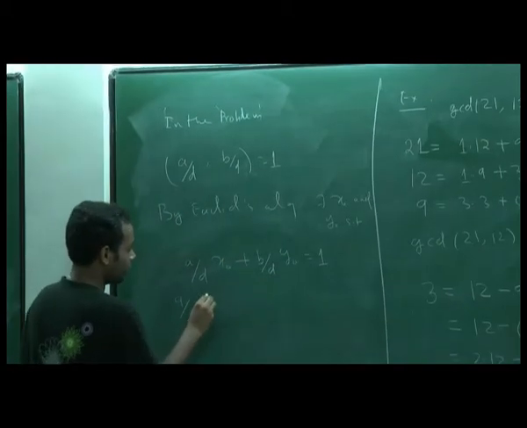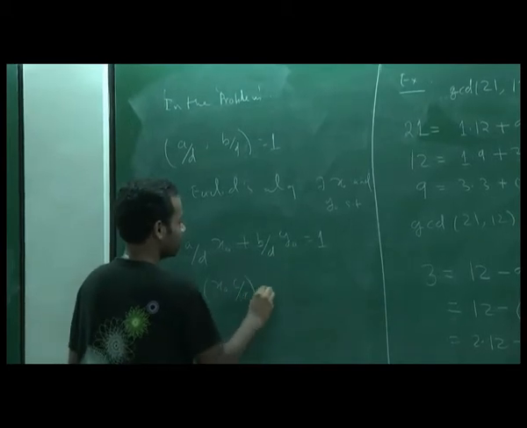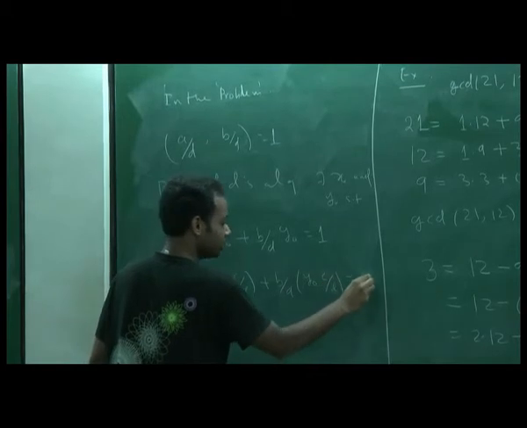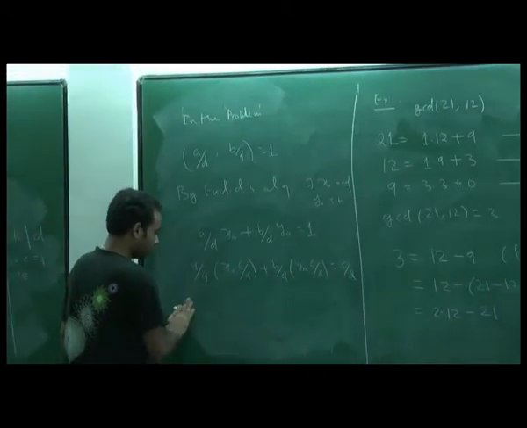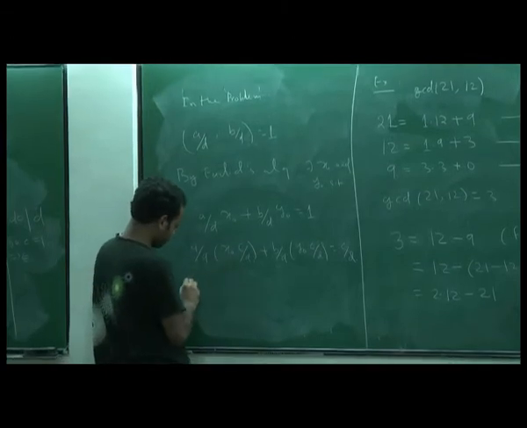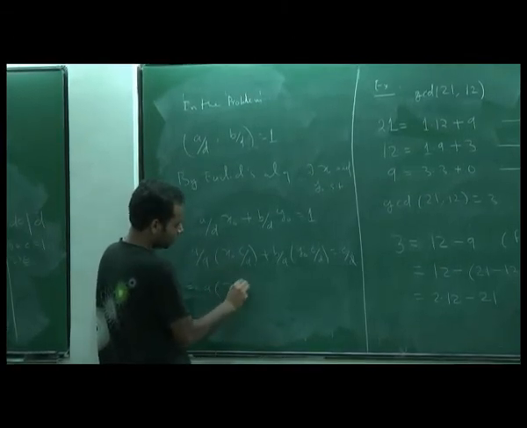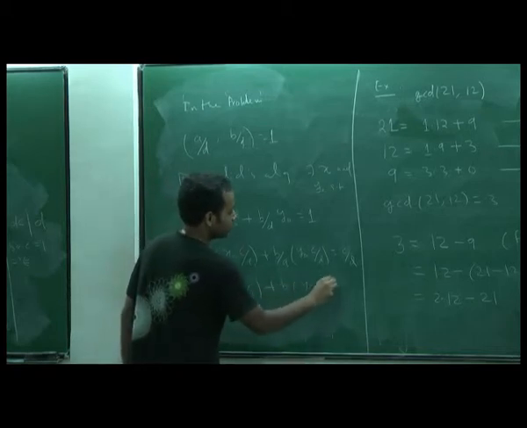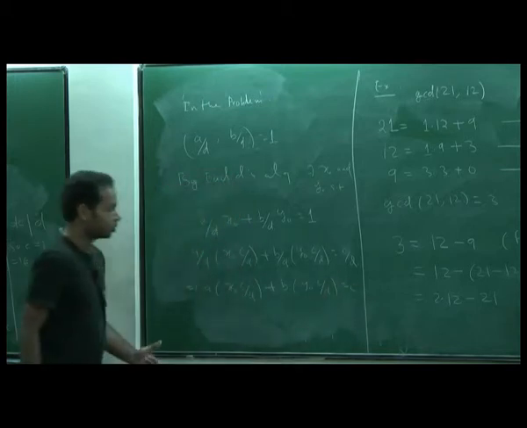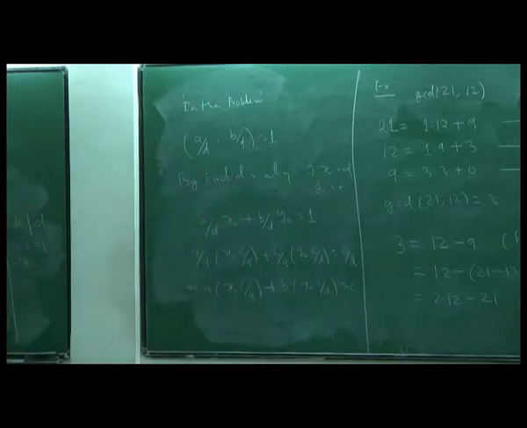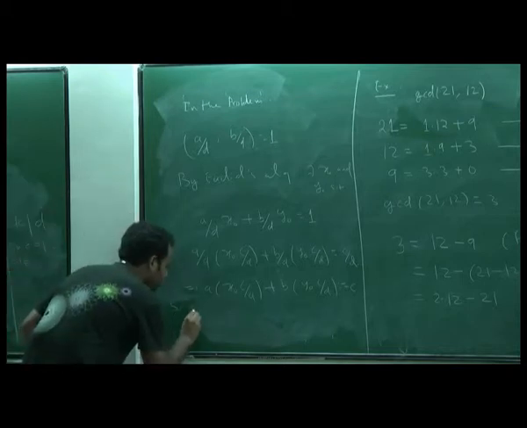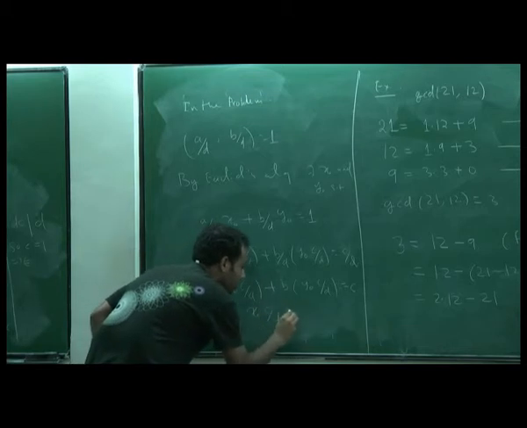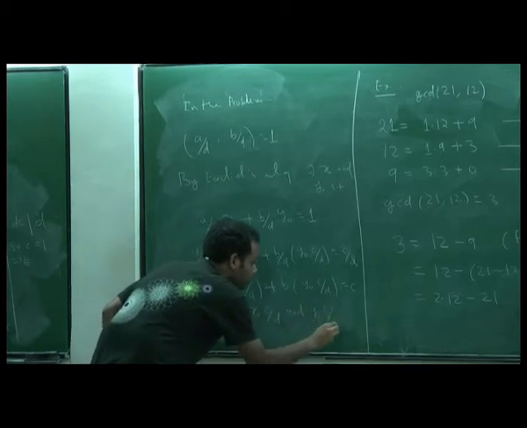So A by D times x0 times C by D plus B by D times y0 times C by D equal to C by D. So from here, this implies that A times x0 times C by D plus B times y0 times C by D is equal to C. So what are the solutions now? x0 C by D and y0 C by D.